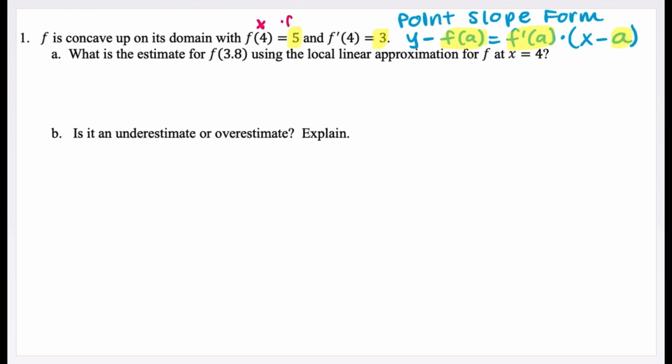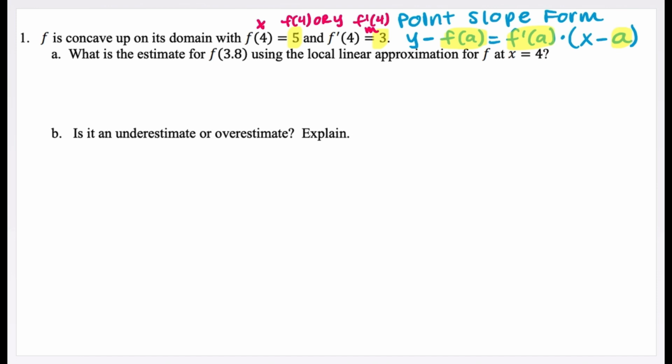The 5 is the f of 4, or the y. And this is the slope, so this is f prime of 4, but it's also m. I'm going to use this formula just to get you comfortable with it. I'm also going to use slope intercept form, just so we can see both of them, because you don't know what you're going to see on the exam.